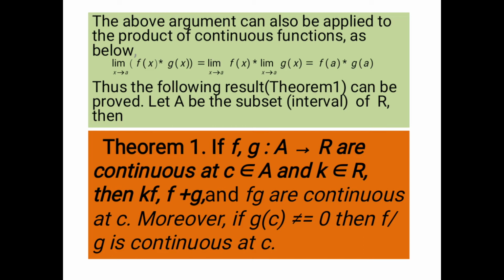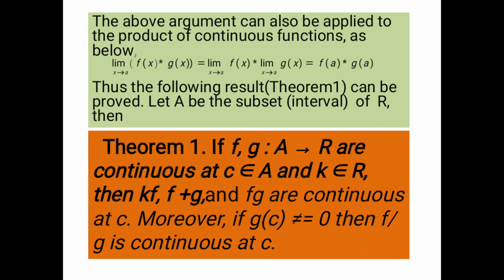Again, this can be written as the limit of f(x) as x tends to a into the limit of g(x) as x tends to a, and again this is equal to f(a) into g(a). In other words, the limit of f(x) into g(x) as x tends to a is equal to f(a) into g(a). So the product of two continuous functions is also continuous.